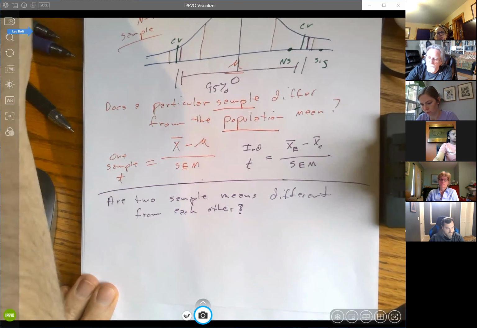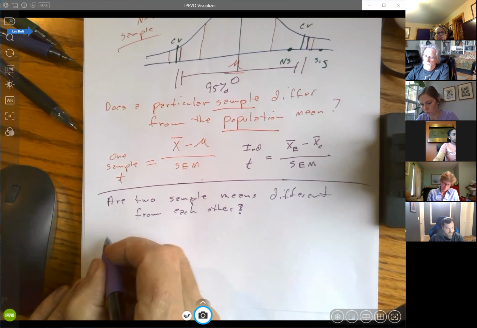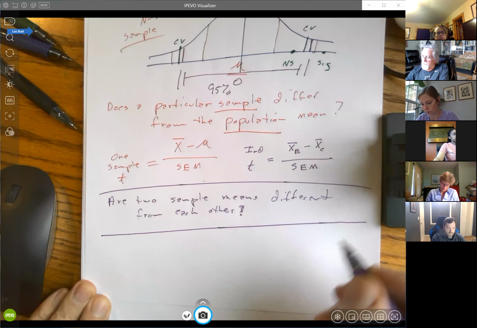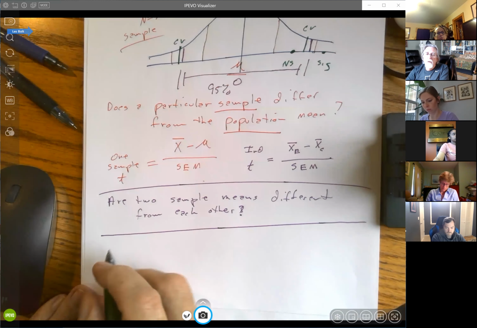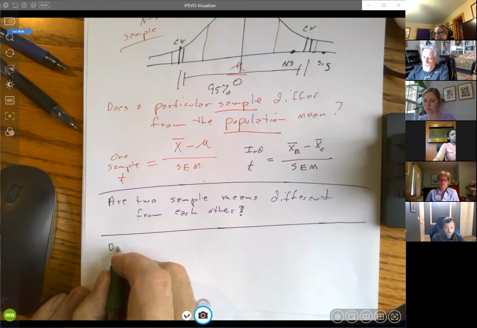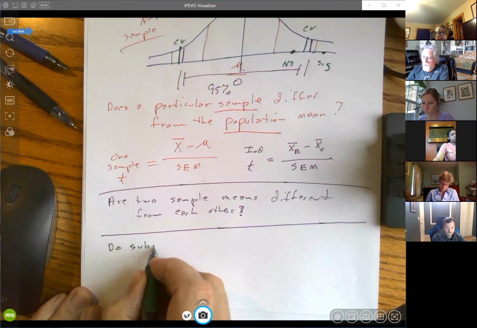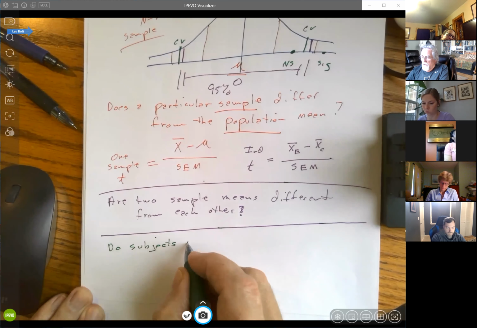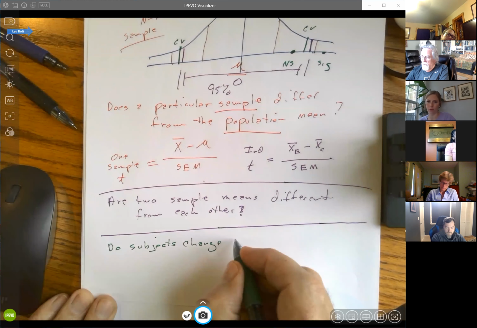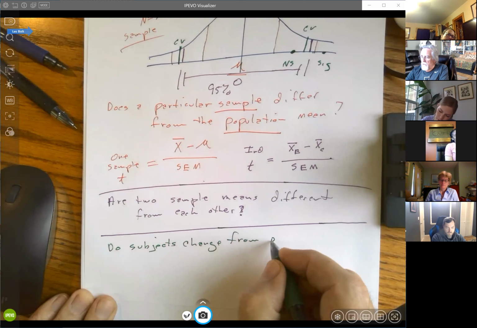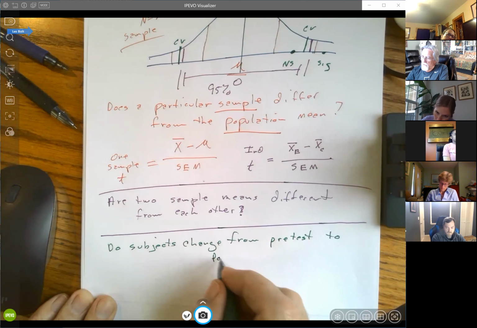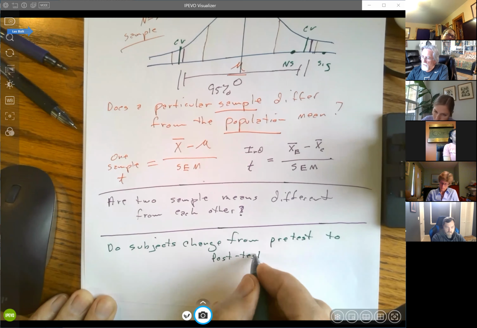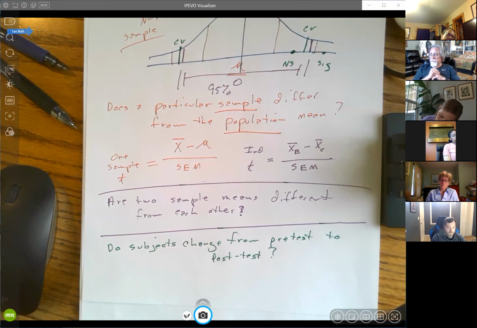And then finally, the third question we can ask about group means with a t-test: do subjects change from pre-test to post-test?